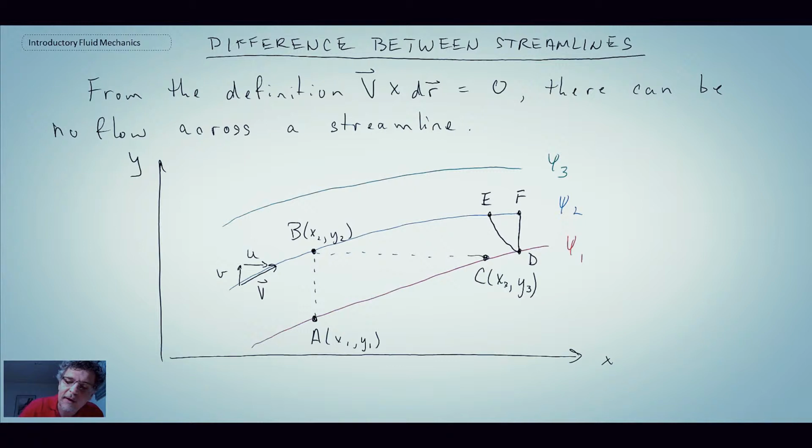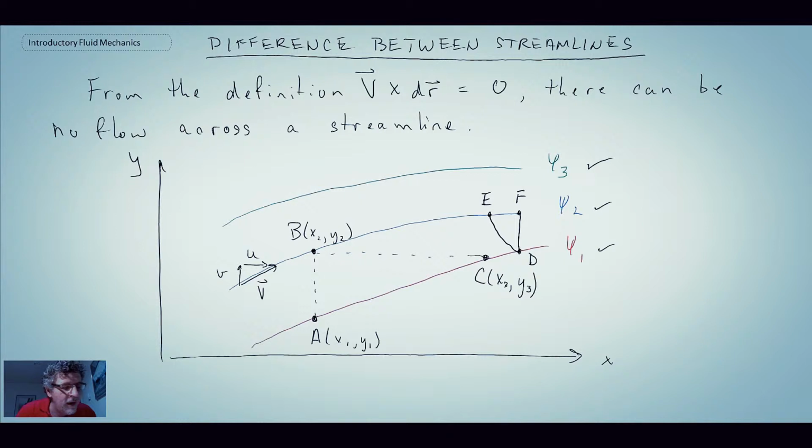We have a stream function of psi1, psi2, and psi3. And we're going to take a look at the flow rate across a number of those lines. But from what we said, that the flow always needs to go tangential to the streamline, what that means is that between any of these lines, the flow rate needs to be constant.